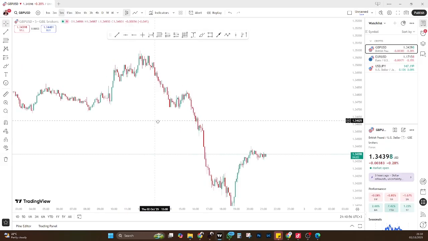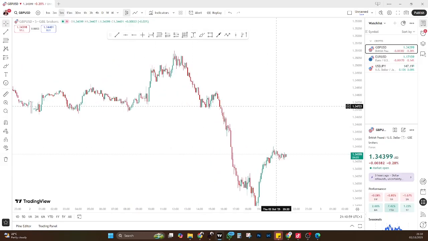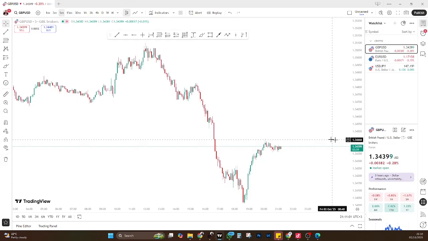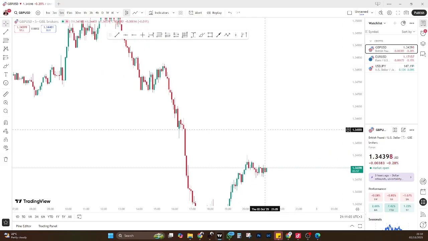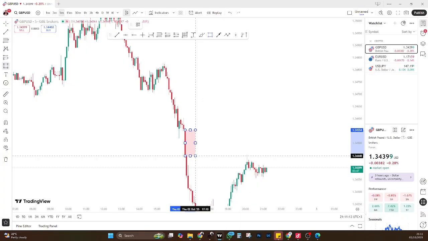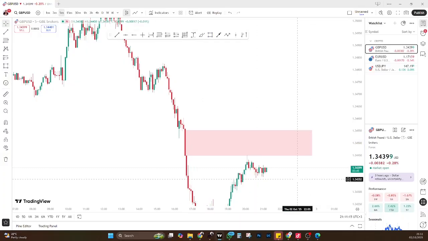That is how you identify liquidity. The other thing, everywhere you see an imbalance must be taken out, whether soon or later. So every FVG you are saying it will be filled 100%. That means that FVG is part of liquidity.